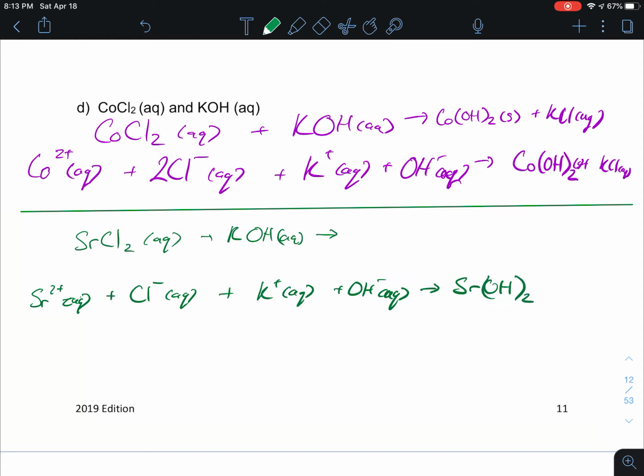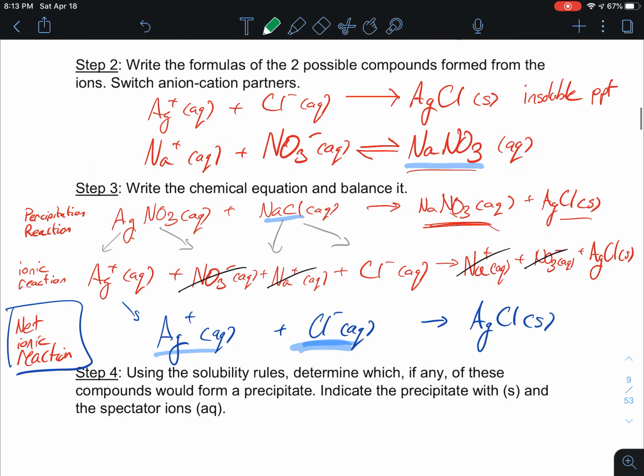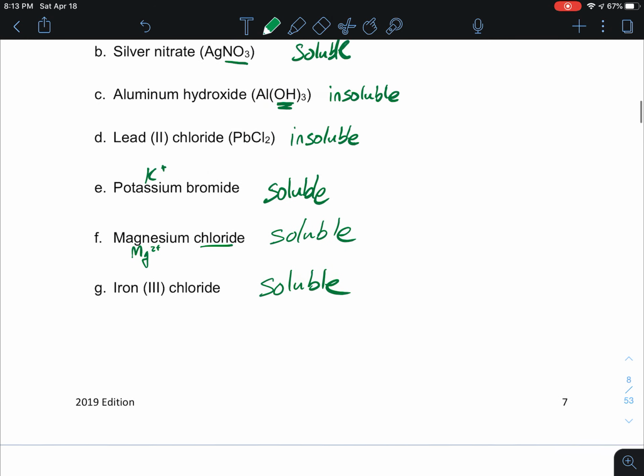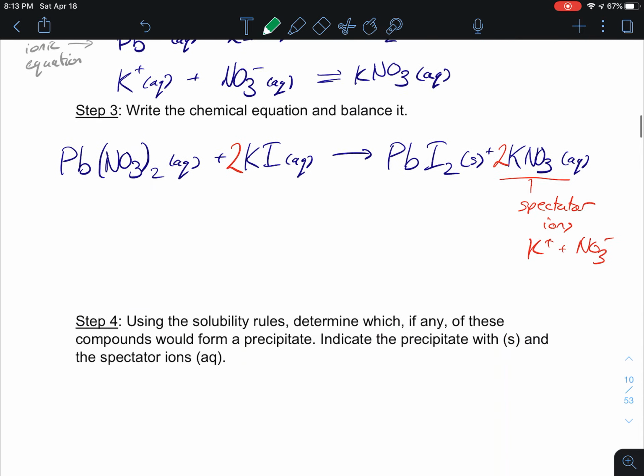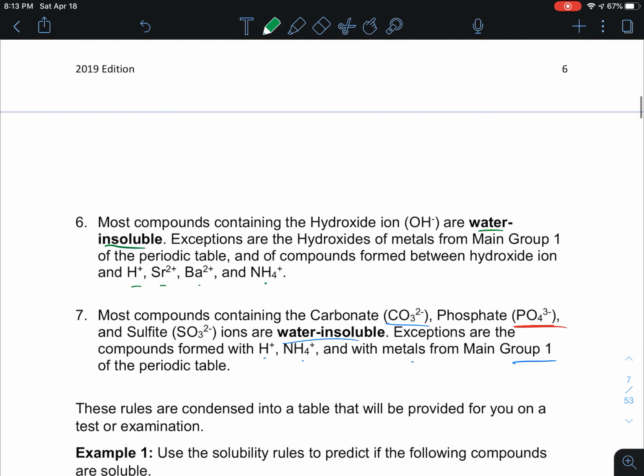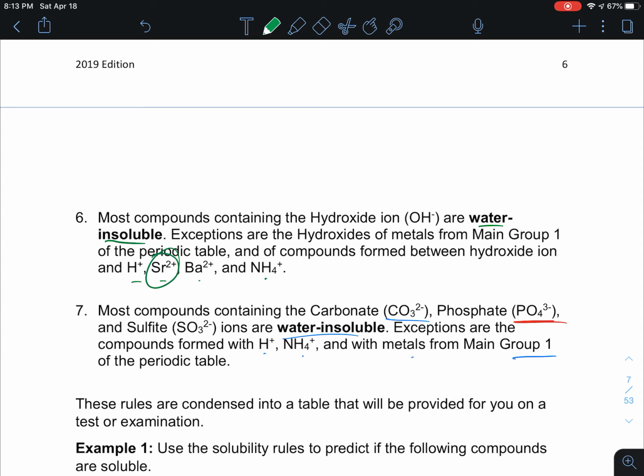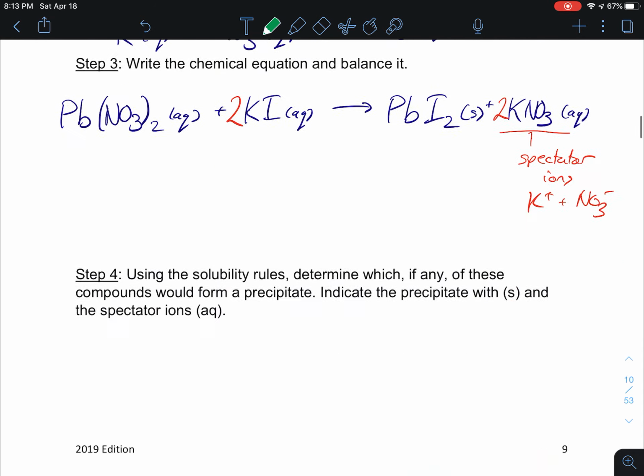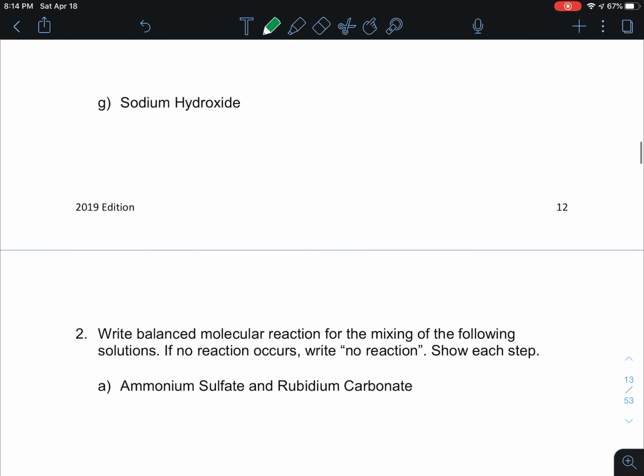Looks a lot like what we just had, except when we go check the rules, and I've already ruined the surprise. Where did that rule go? Okay, right here, we see that strontium is an exception. So strontium is not soluble, it is aqueous.